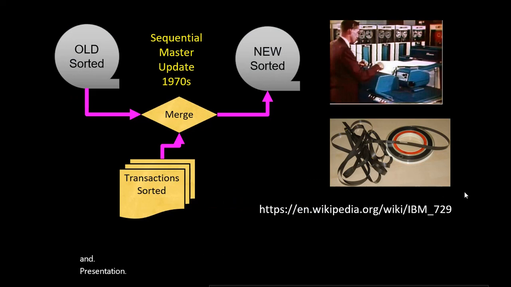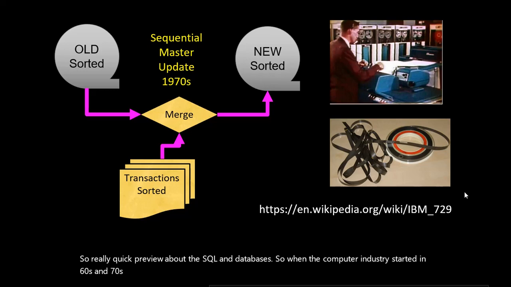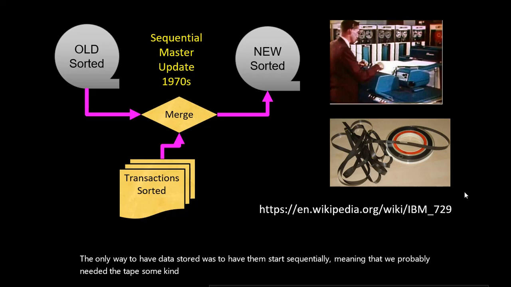So, a really quick preview about SQL and databases. When the computer industry started in the 60s and 70s, the only way to have data stored was to store it sequentially, meaning that we probably needed some kind of tape, and the access was only sequential.